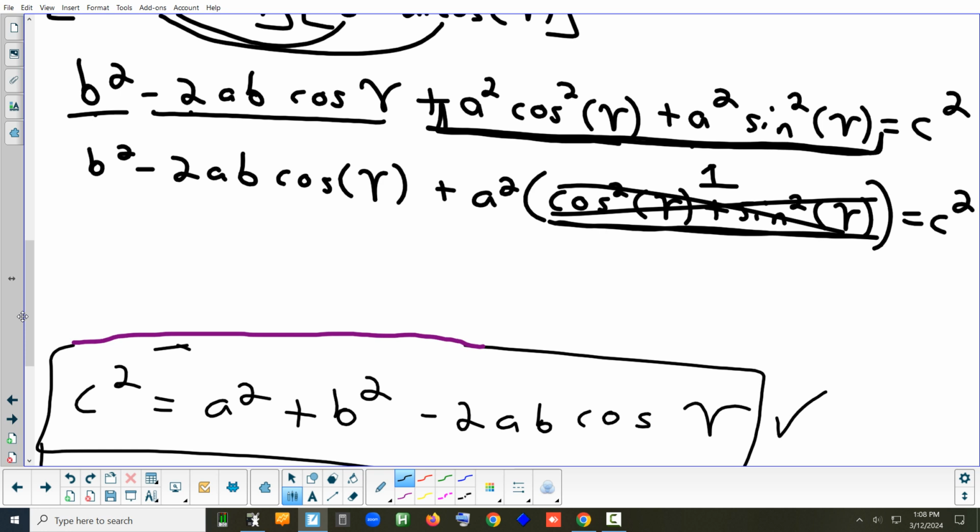What's important to remember about the law is not really this exact formula with those letters. It's more important to remember the pattern of the letters. The first part is like the Pythagorean theorem: c squared equals a squared plus b squared. Whatever letter you put here, you put the other two letters here.